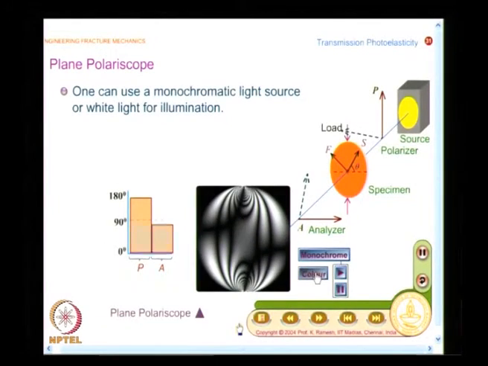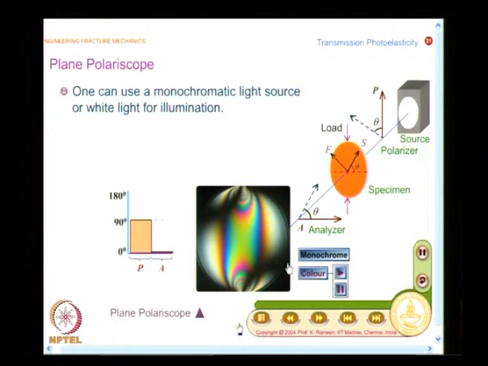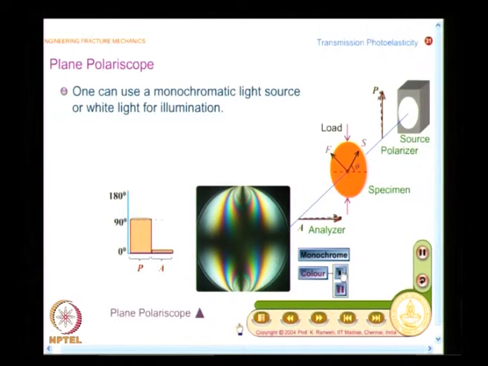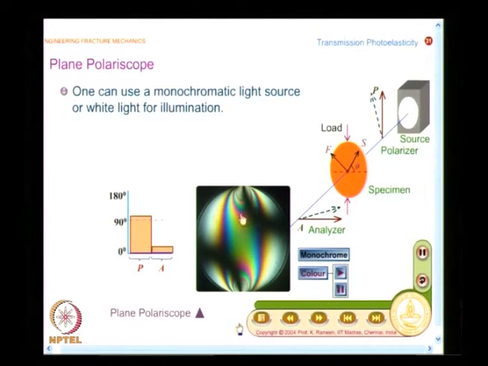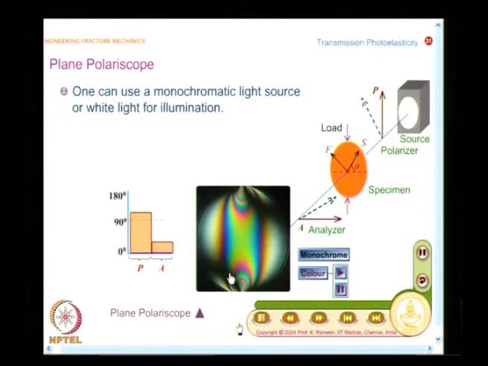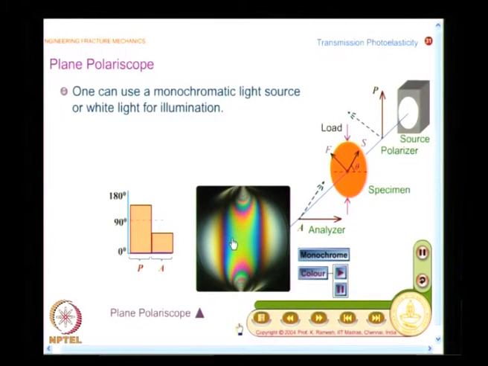So, now I go for a polychromatic light source, and as I said, these are colored. I have not provided the reason for this yet. When I rotate the polarizer analyzer, you have this as a black contour. It is independent of wavelength, because those contours come because your polarizer analyzer coincides with the principal stress direction at the point of interest.